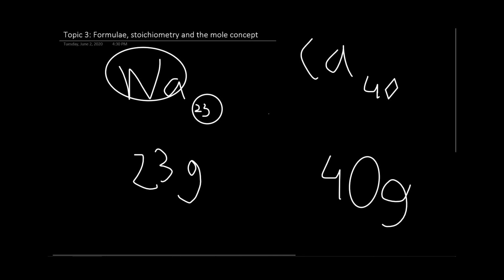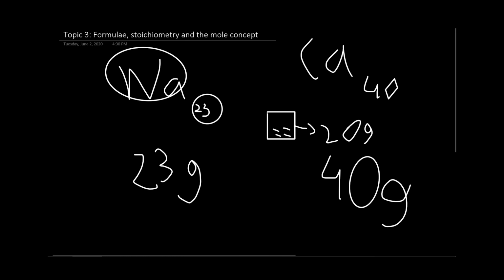So consider it like this: you have a box of nails, and there's a certain number, for instance 20 grams.